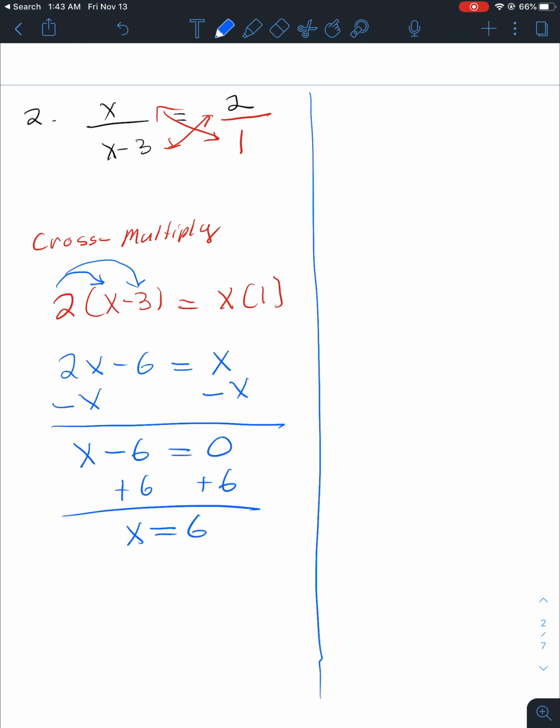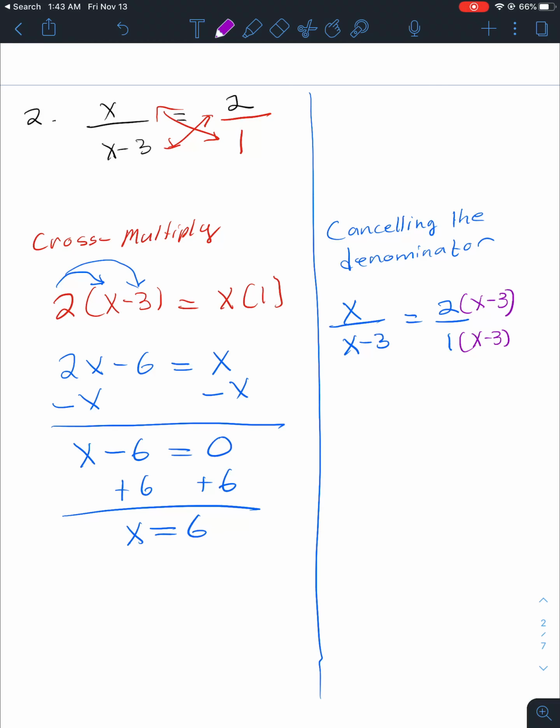The second way, once again, is what we call canceling the denominator. So I'm going to write the question again. I'm going to write 2 over 1. What you do is you multiply this by x minus 3, this by x minus 3. You notice that these are both the same, so you can kind of ignore them and set the top equal to each other.